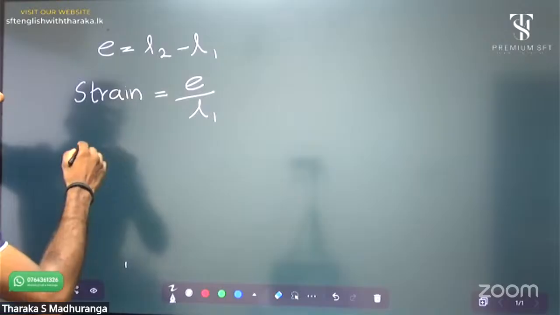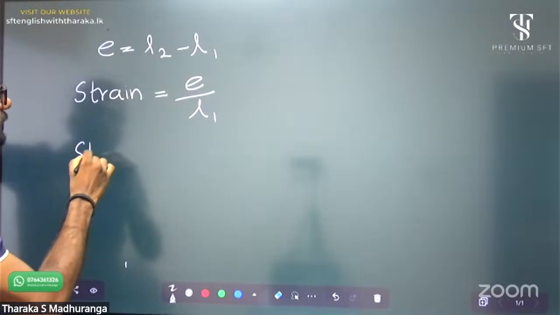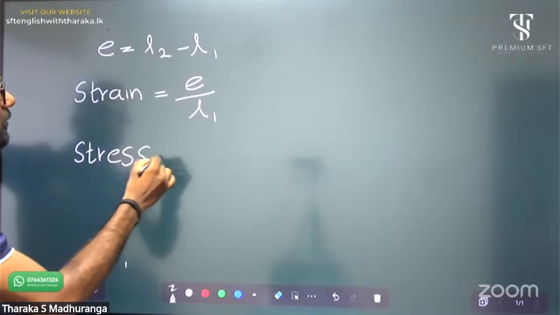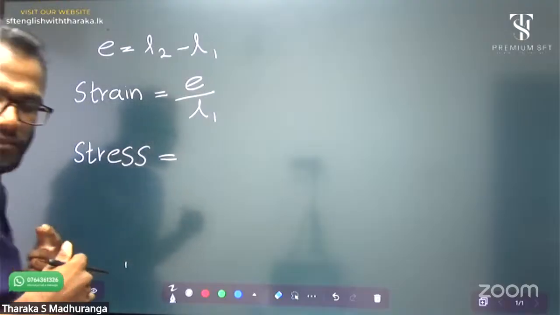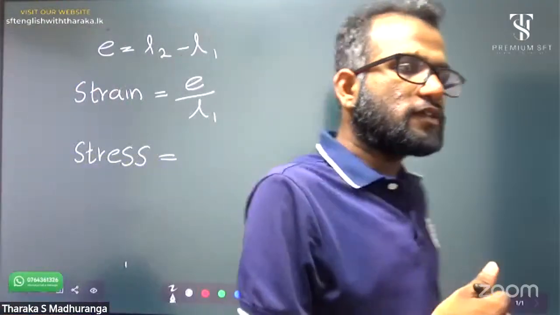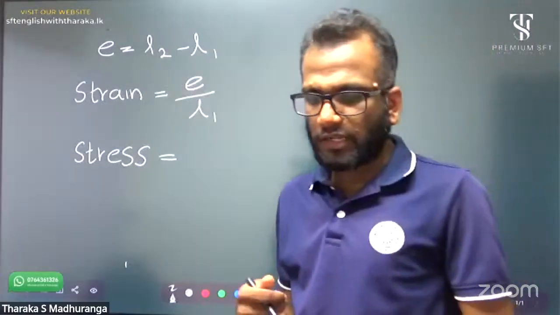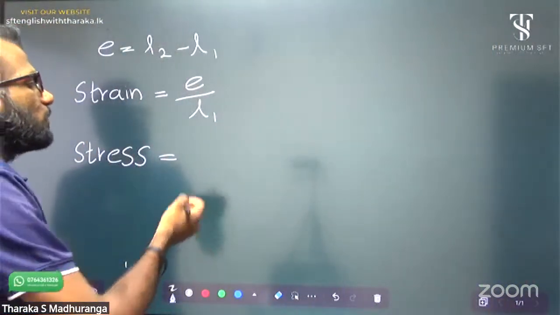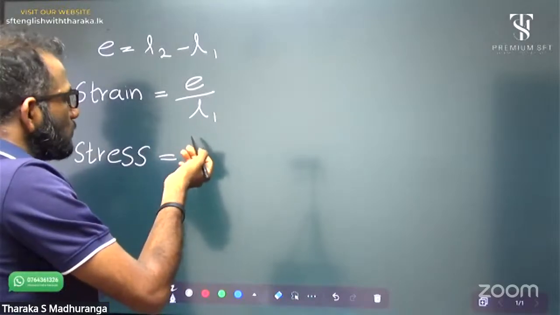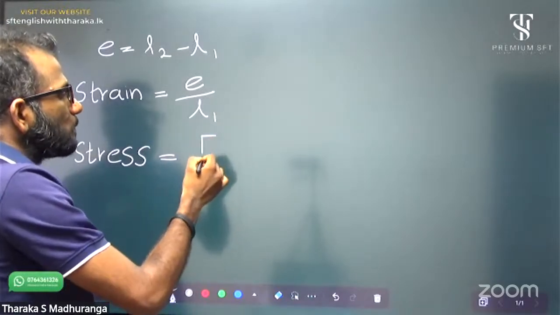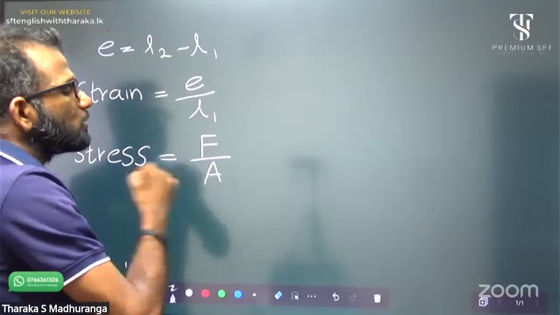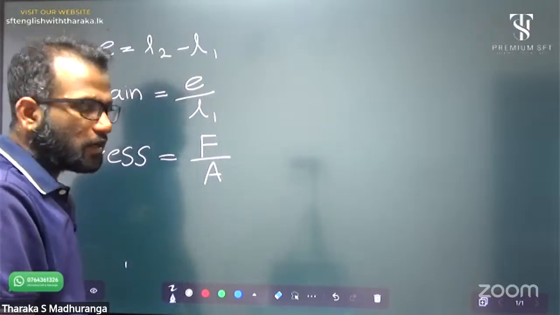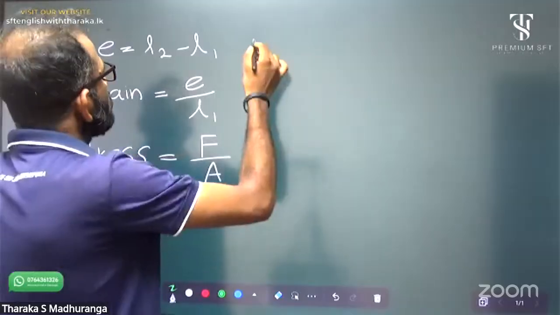Finally, we discussed stress. Stress has mainly two types: tensile stress and compressive stress. The common equation is stress equals the applied force divided by the cross-section area. What is the standard unit of extension?